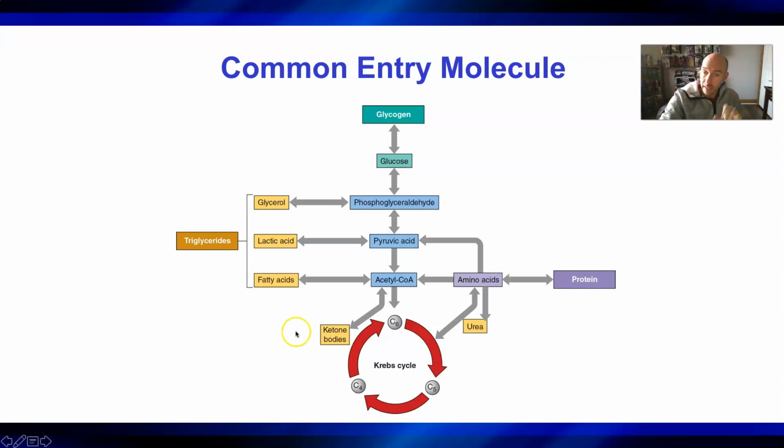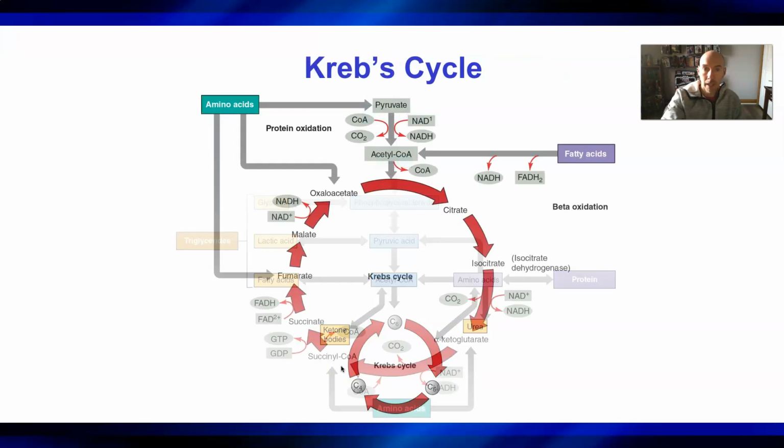But all three of them can enter into the aerobic energy system because they all three get converted into what we call the common entry molecule, which is acetyl-CoA. Fatty acids, carbohydrate-based pyruvic acid, or amino acids, all three of them get converted into acetyl-CoA, and then that molecule enters into the Krebs cycle, which is the first stage of aerobic energy production.